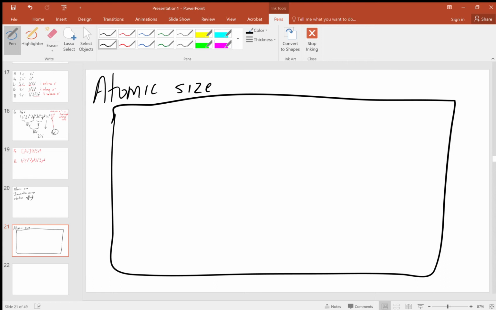So how is size influenced? Well, as we go down the periodic table, we end up at higher energy levels. And so the outer electrons are further from the nucleus.